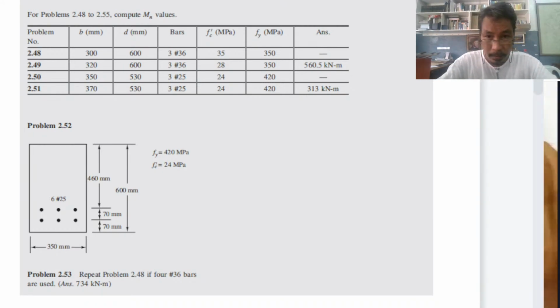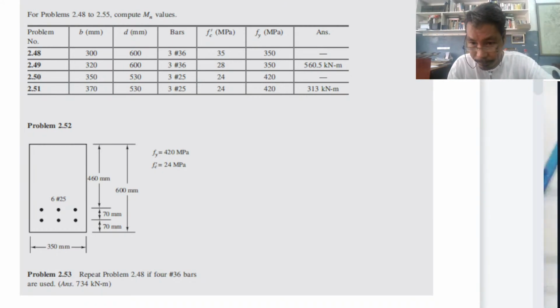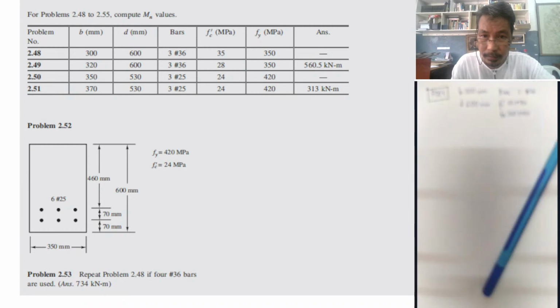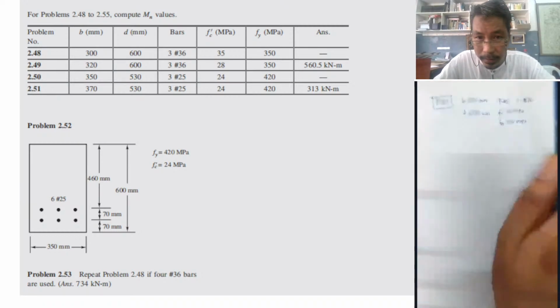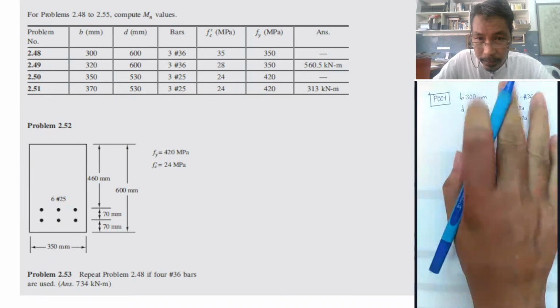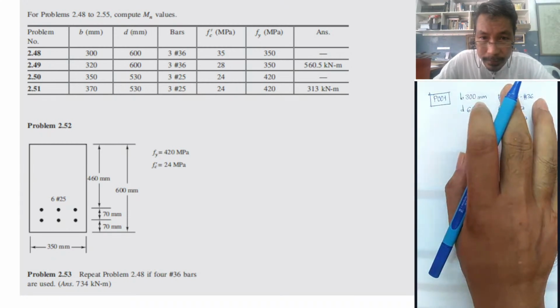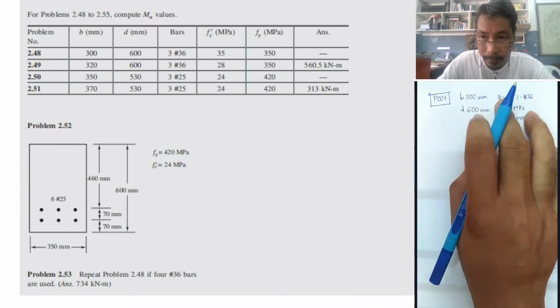Okay, so I will share a piece of paper. I hope you can see it right here. Can you see it clearly? Okay.